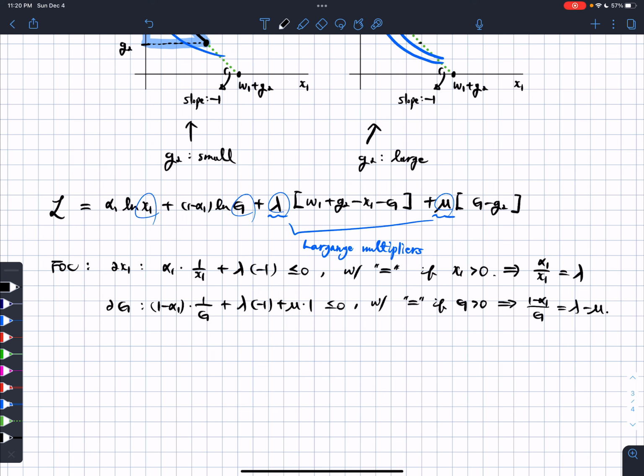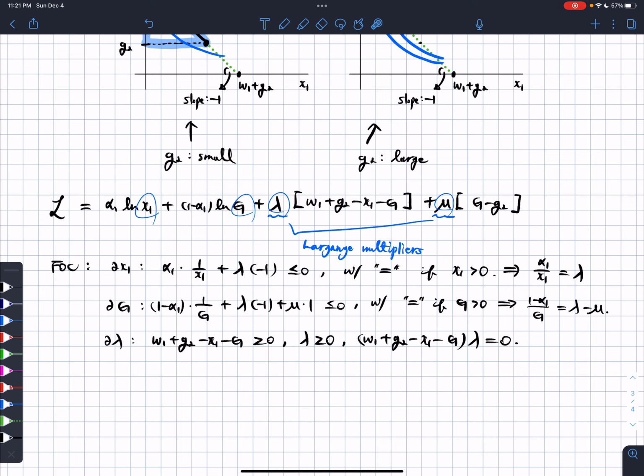Okay, now let's differentiate with respect to the Lagrange multipliers. So differentiating with respect to lambda, I will have only this. Okay, and the Lagrange multiplier is non-negative, and the product of these two guys is equal to 0.